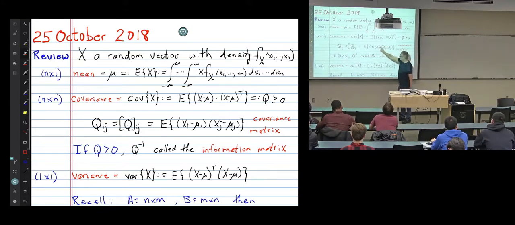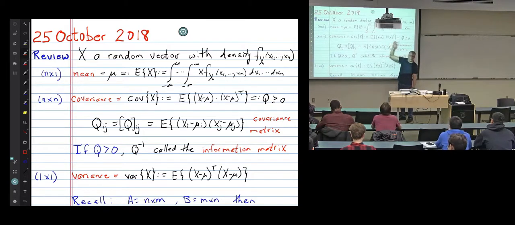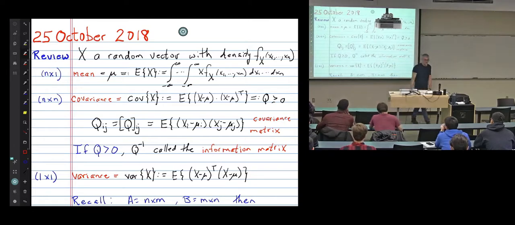So Qij and Qji are the same. So Q is a symmetric matrix. And you can also check that it's always positive semi-definite. Remember, we said if we had a matrix n times n transpose, it's always positive semi-definite. So that's why that is true.